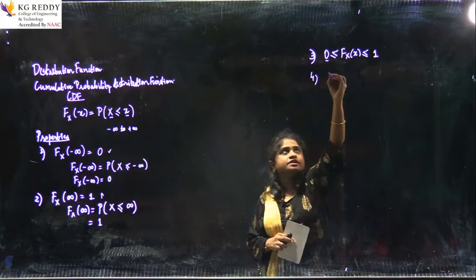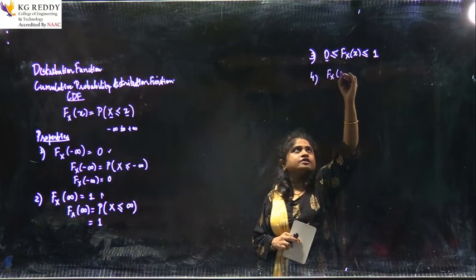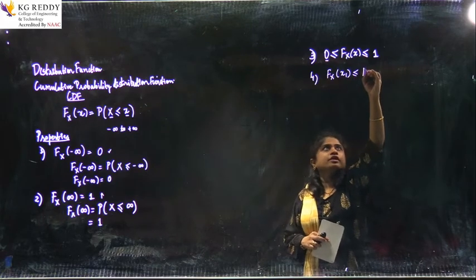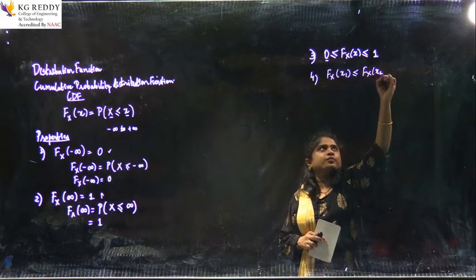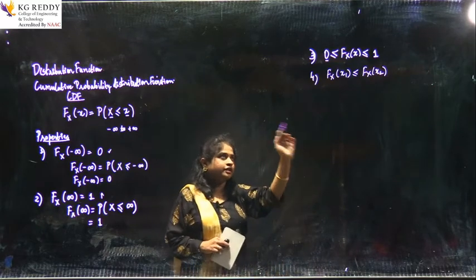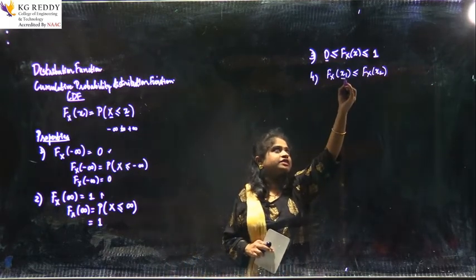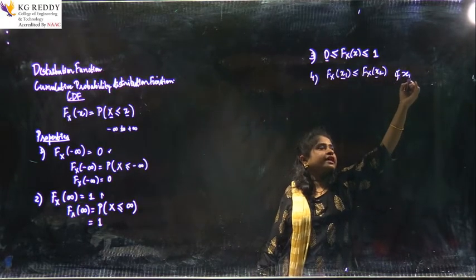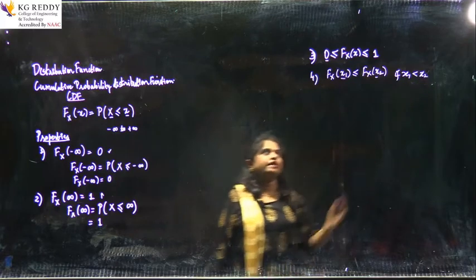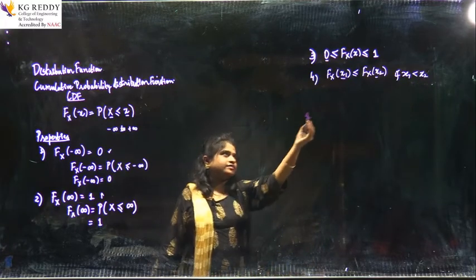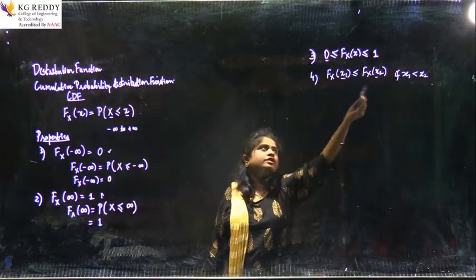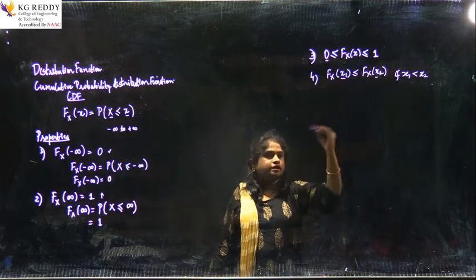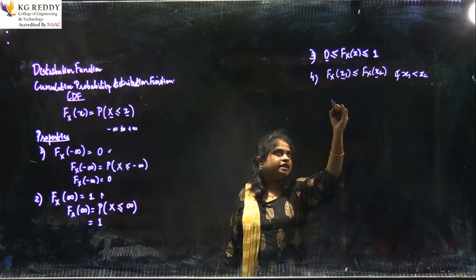That will be represented as Fx of x1 less than or equal to Fx of x2, given that the condition x1 is less than x2. If x1 is less than x2, then Fx of x1 is less than or equal to Fx of x2, which means it will be something like a step function.